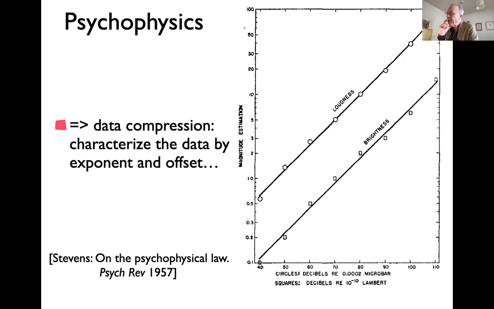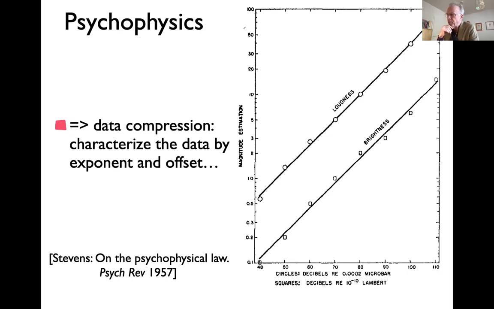So what that does, it's a law in that it says you're not really free as a nervous system to choose just any dependence. There is a dependence that's characterized here by only two parameters. You could say the offset of this curve and the slope of that curve, which translate into the exponent and the factor in front of the exponent in the original non-logarithmic scale.